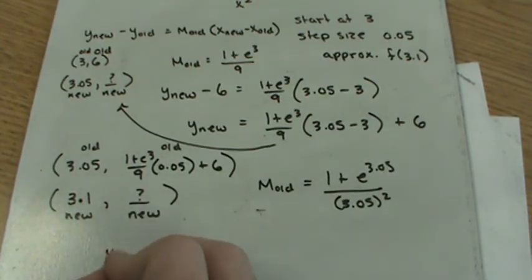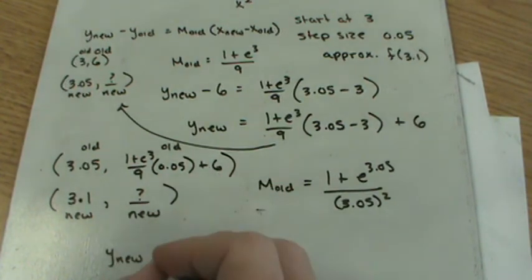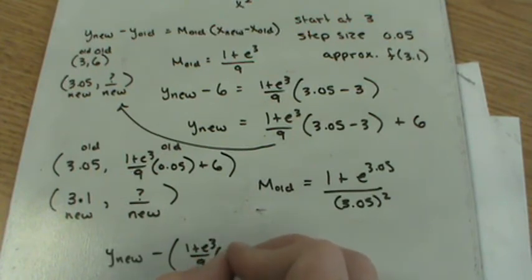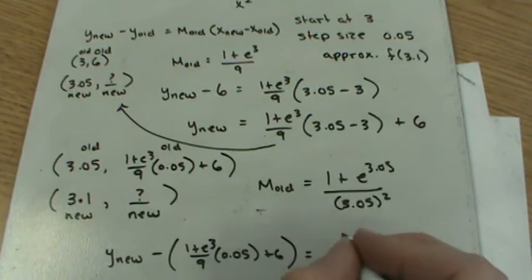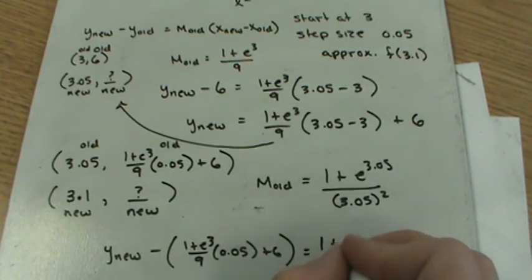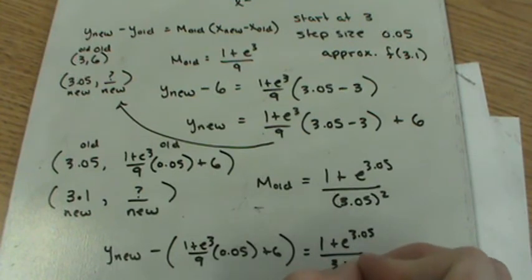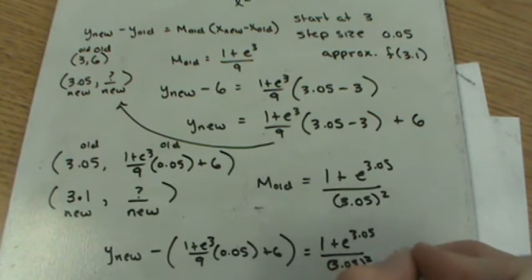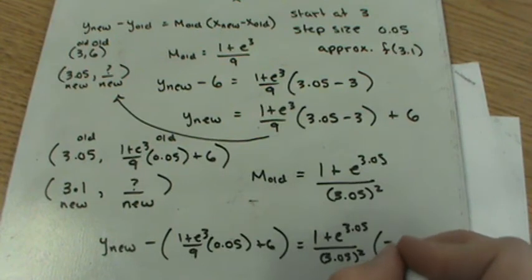So y new minus y old, so 1 plus e cubed over 9 times 0.05 plus 6, be careful with your parentheses, equals the m old, 1 plus e to the 3.05 over 3.05 squared, times x new minus x old.